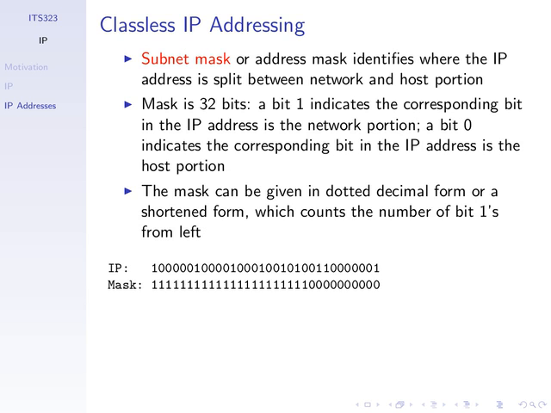This subnet is 16.192.0.0/10. A1 is this address, 16.192.0.1/10, where /10 is the subnet mask, meaning the first 10 bits are the network portion.